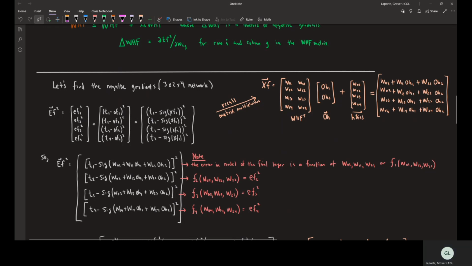And if we remember this matrix multiplication here, I know what XF1, XF2, XF3, and so on are. I know how to calculate those. It's just WHT times OH plus my H bias that gets me these numbers.